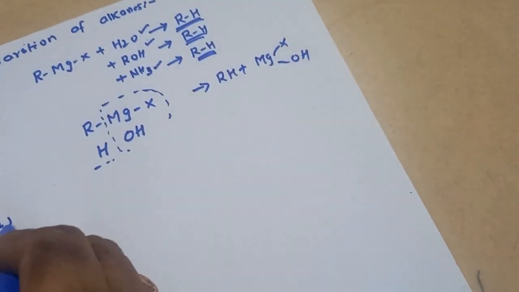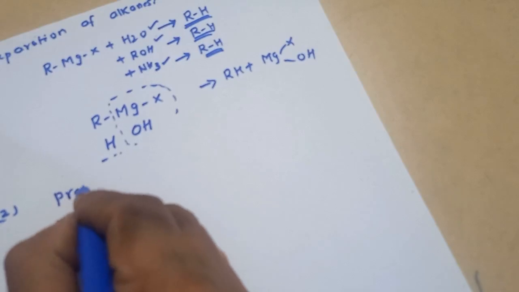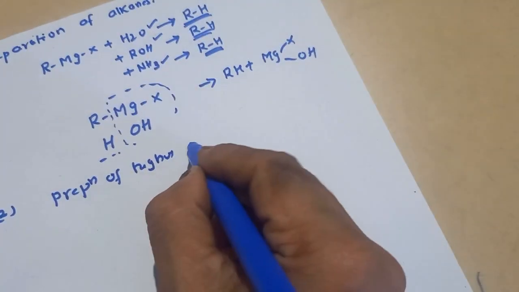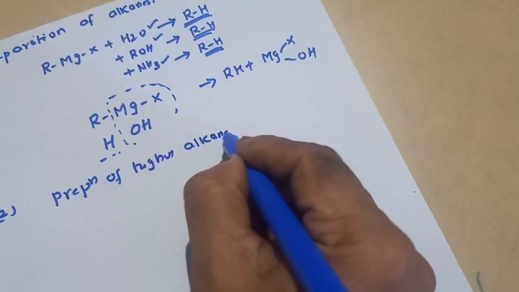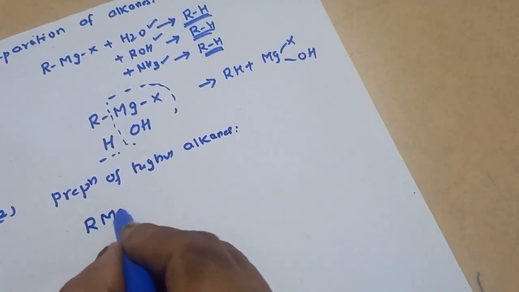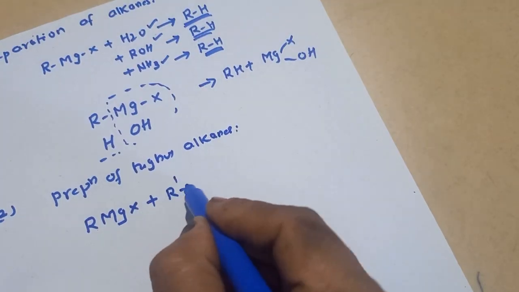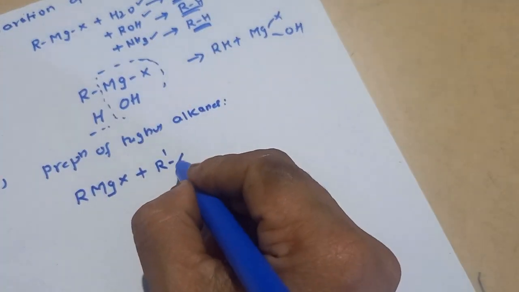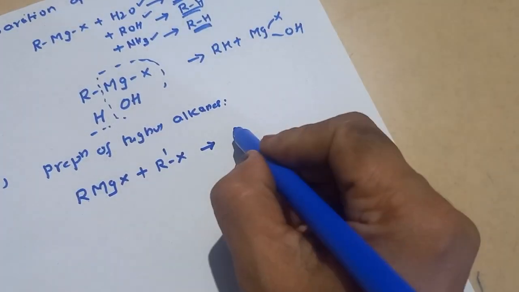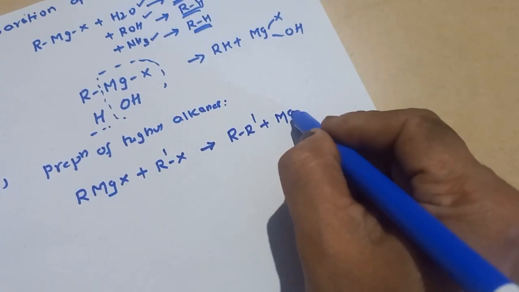Second, preparation of higher alkanes. This is very simple. When a Grignard reagent, I am writing like this, is treated with an alkyl halide, we always get R R prime plus MgX2.